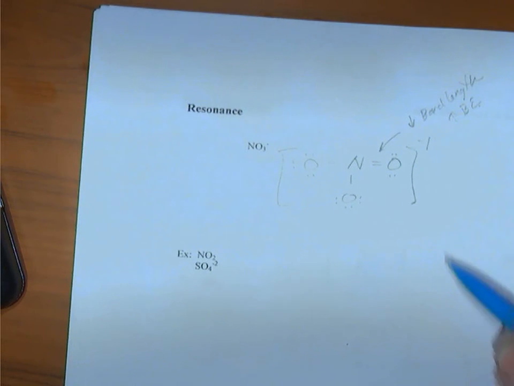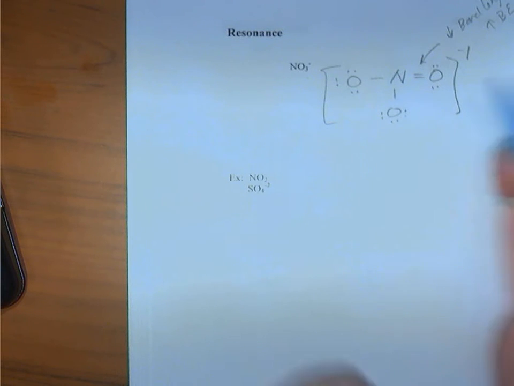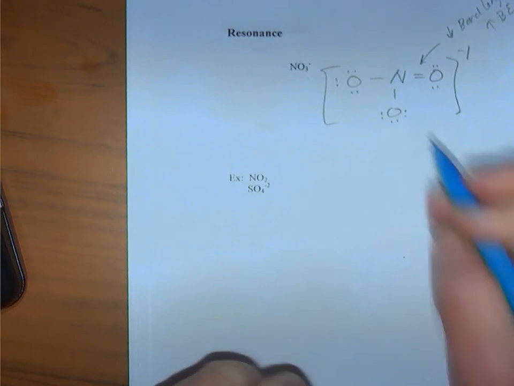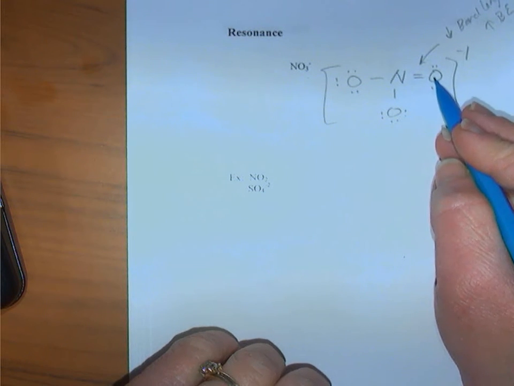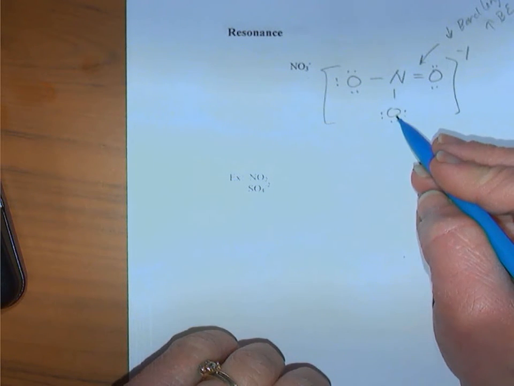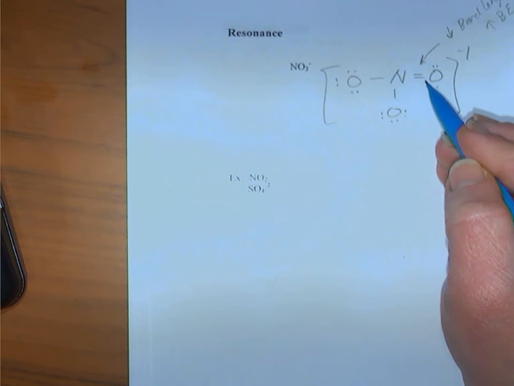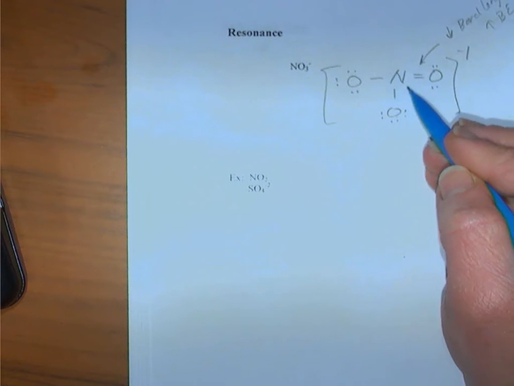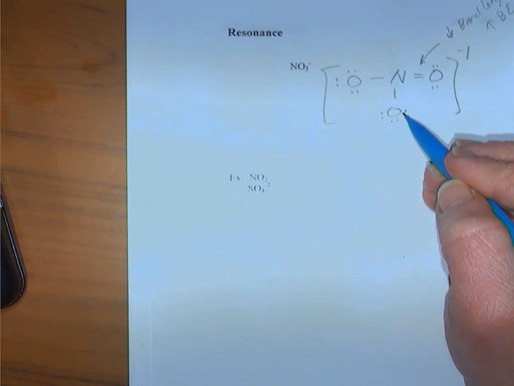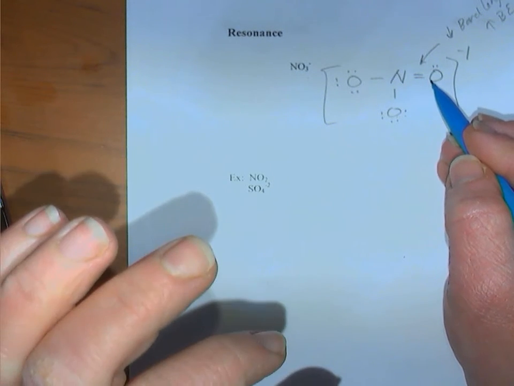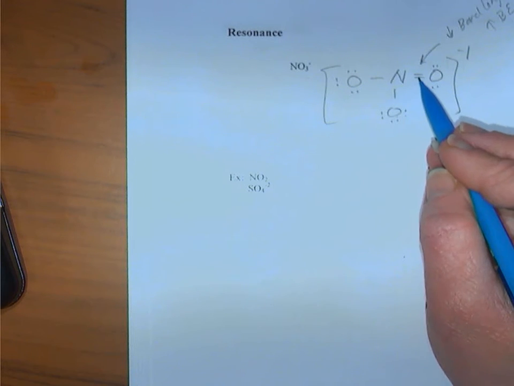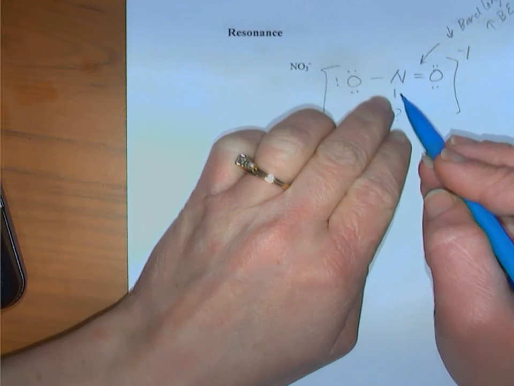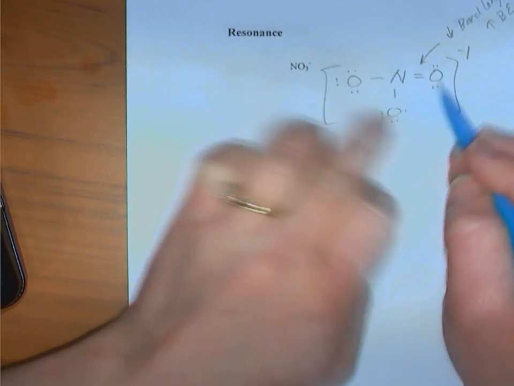Well, actually, when we measure this in nature, the bond between the nitrogen and all of these oxygen is not as short as a double bond or as long as a single bond. It actually is just a bit shorter, such that this double bond is momentarily shared between these three different oxygen.